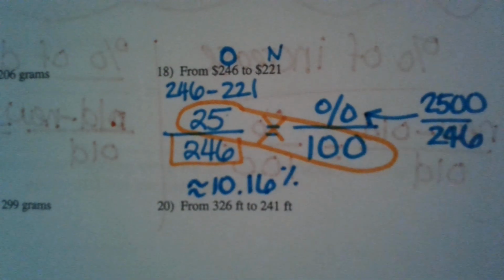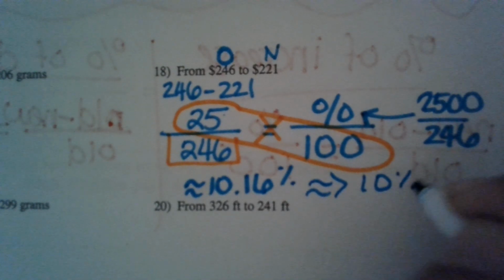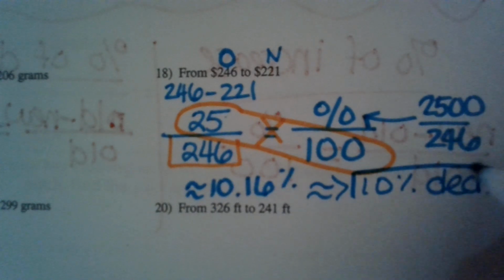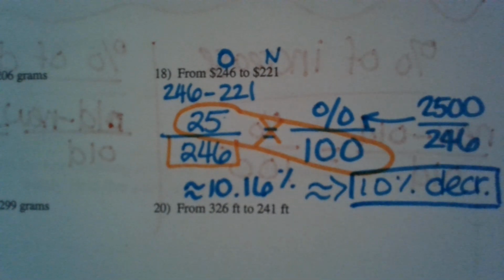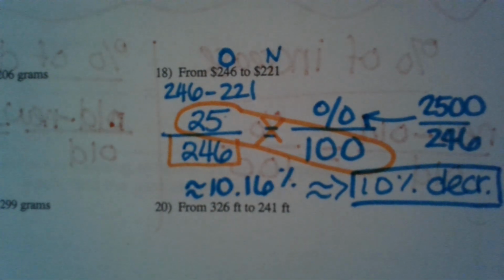All right, so I'm going to round this to 10%. Decrease. I want you to specify what is the percent of change. This one is a decrease. I went from a higher number to a lower number.